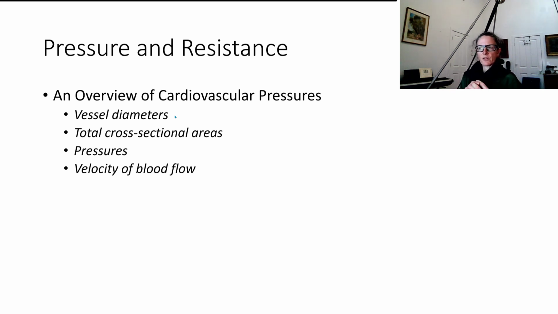And so it has what you would think to be a fairly low resistance. It is then feeding into blood vessels that have higher resistances because they have smaller areas. However, as these blood vessels diverge from the aorta, they have very large total cross-sectional areas because there are many of them.